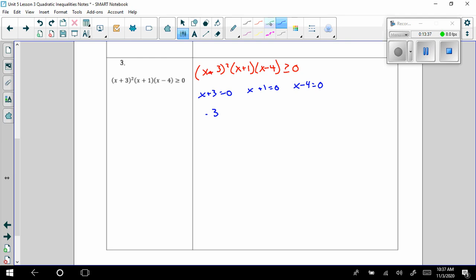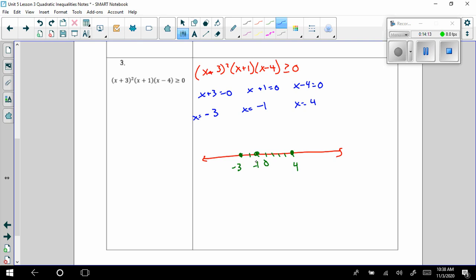We'll talk about that more when we do our polynomials unit. So we have these x values, and this number line is going to have points at negative 3, negative 1, and 4. We have more intervals this time that we need to check.